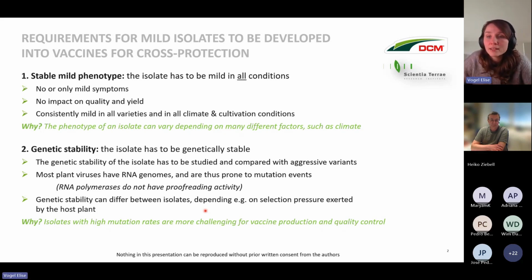So again, when developing a cross-protection strategy, this is something that definitely needs to be checked because isolates with high mutation rates are, of course, more challenging for vaccine production and quality control. If you have an isolate that is not very genetically stable, you cannot guarantee to your customer that at each point they will be receiving exactly the same sequence, exactly the same mild isolate. So this is a very important one to also check.